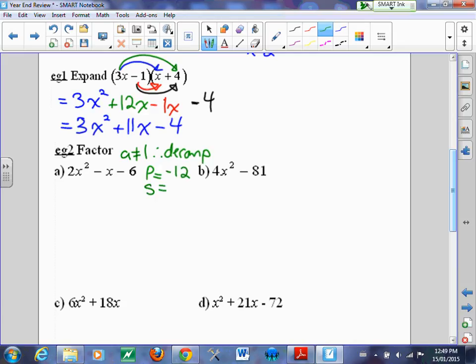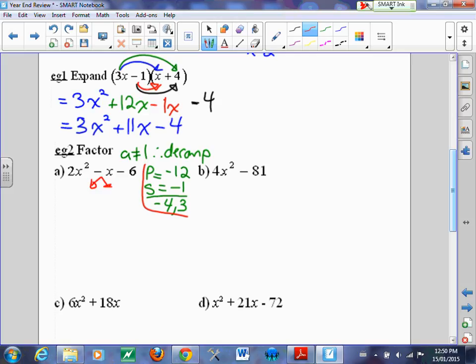The sum equals your B value, which is negative 1. What two numbers multiply to negative 12 and sum to negative 1? That's going to be negative 4 and 3. And what we're going to do is split the middle term because it's decomposition. So we're going to decompose that.